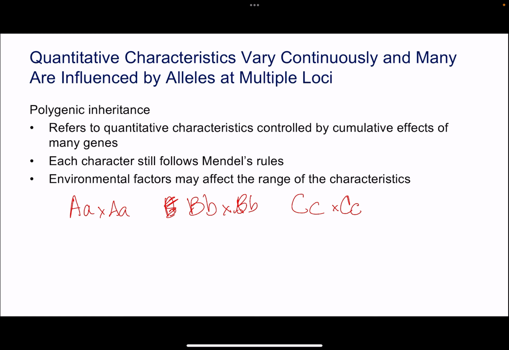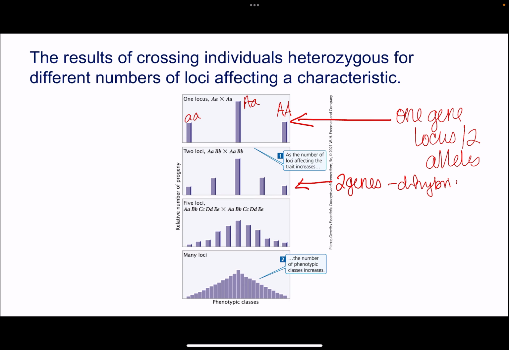But then when we add in the second gene, so two genes, this would reflect a dihybrid. And you all know from your dihybrid that you get at least 4 phenotypes in a regular dihybrid. But there are different allele combinations. And so this graph here is showing that there are potentially 5 phenotype combinations.